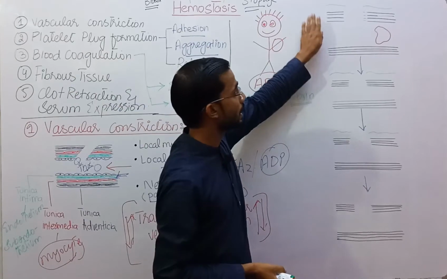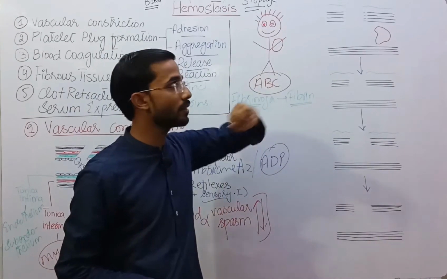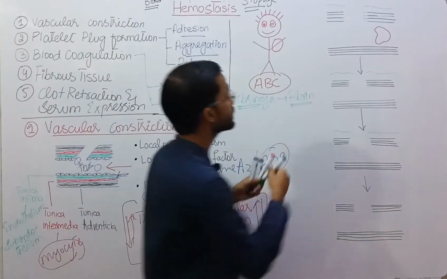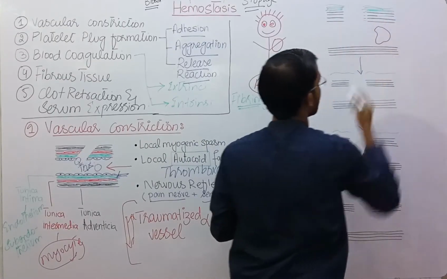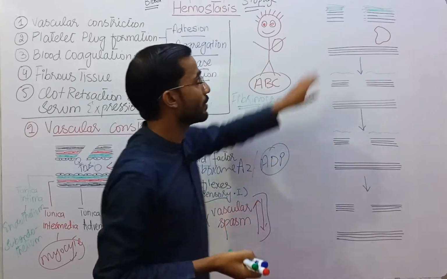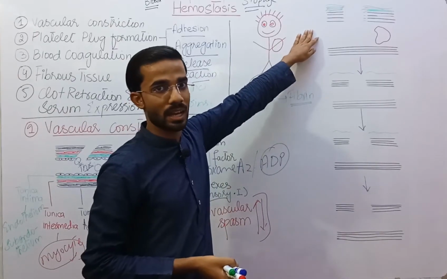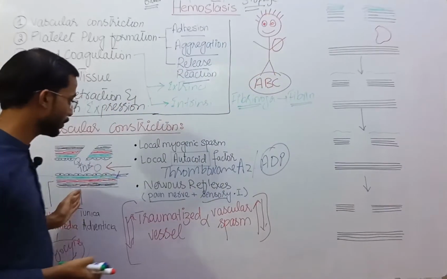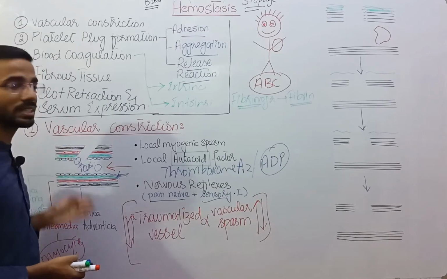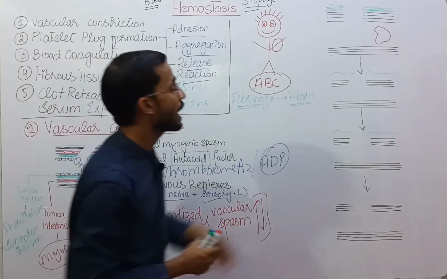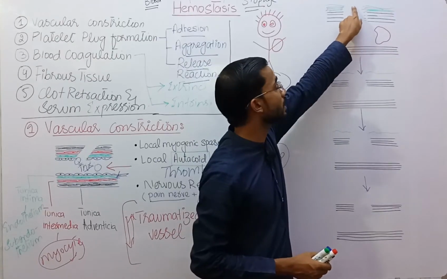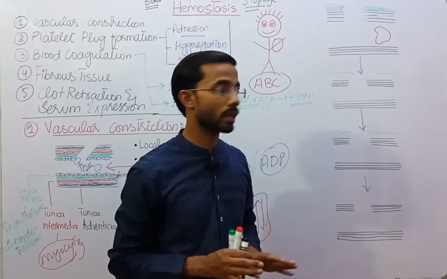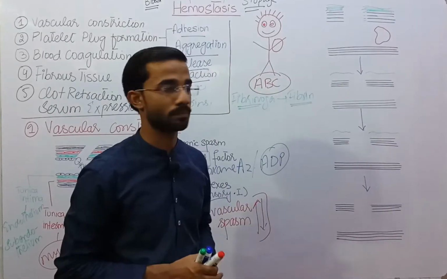As you see, this is a blood vessel, and the blood vessel is ruptured. This is the skin surface, shown by the green area. Blood vessels, as I told you before, have 3 layers. Tissue damage also occurs. First tissue damage occurs, and then the blood vessels.